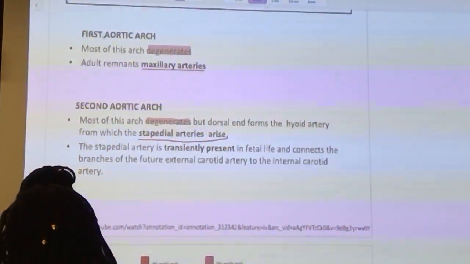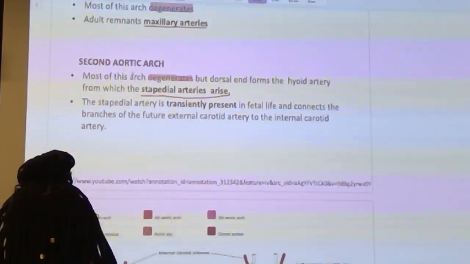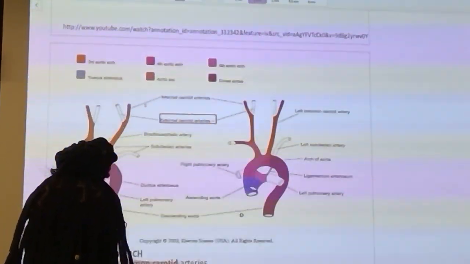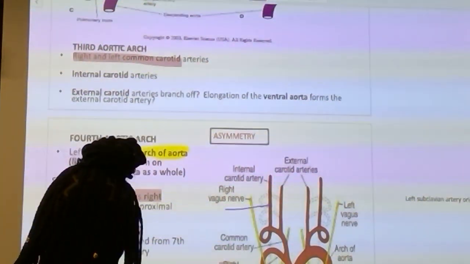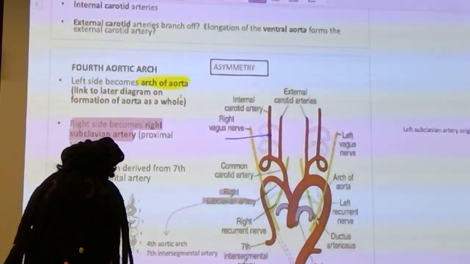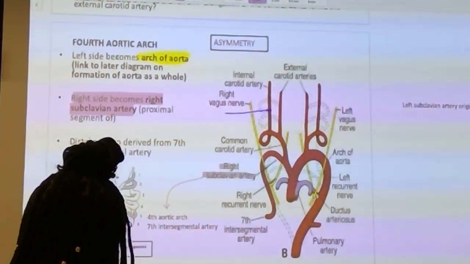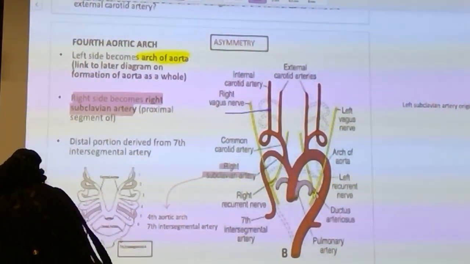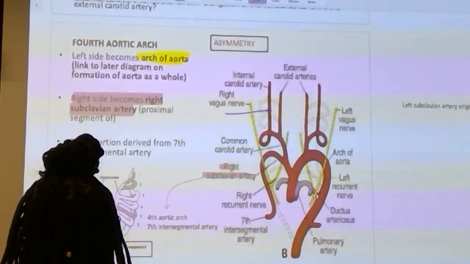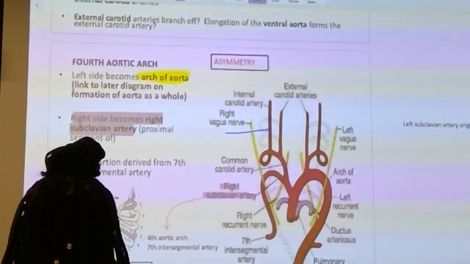The first aortic arch forms the maxillary arteries. Second aortic arch forms your stapedial arteries. Third aortic arch forms your carotids. Fourth aortic arch forms your arch of the aorta. And the right fourth aortic arch forms your right subclavian artery, and this is where your right recurrent laryngeal nerve loops under.